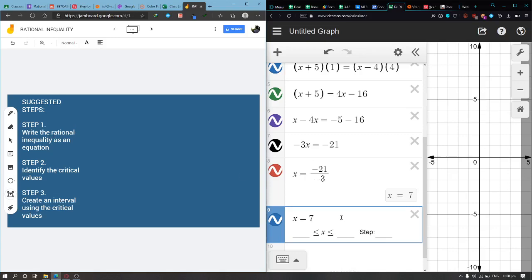Since we have solved it as a normal equation, we will write our critical values. Critical values are the values of x which will make the equation 0. So the value of x here is 7. So the critical value is x equal to 7.